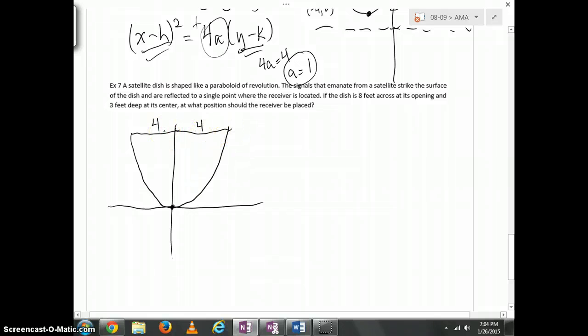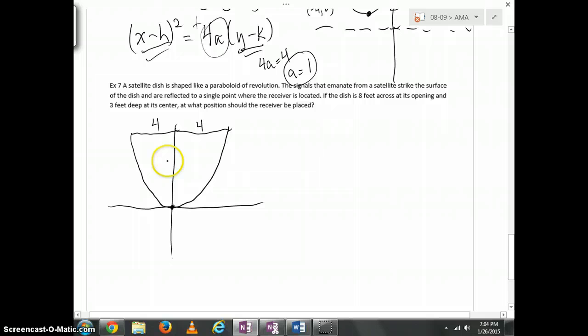You'd have a total distance of 8. This in no way means that we found our focus. Our focus would be on the latus rectum, and we have no information to say that this distance, 8 feet across, would be going through where the focus should be located.